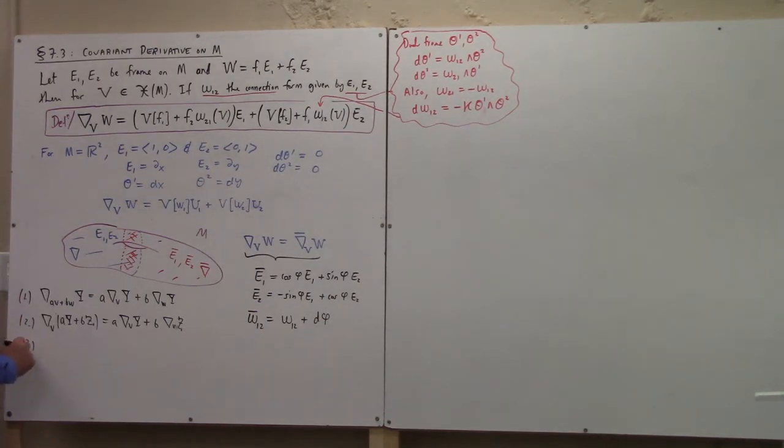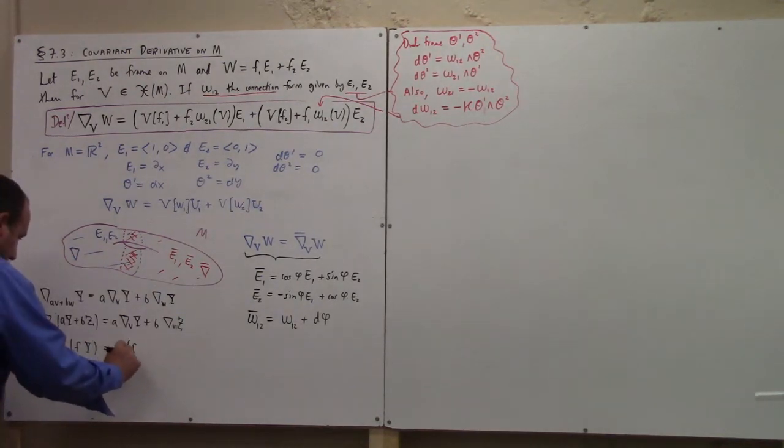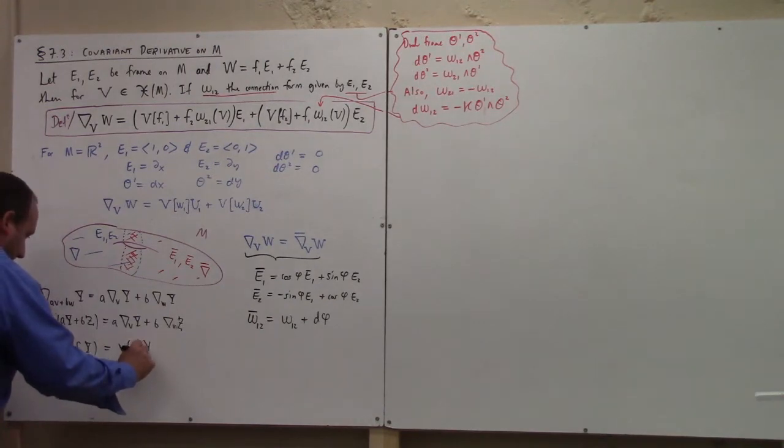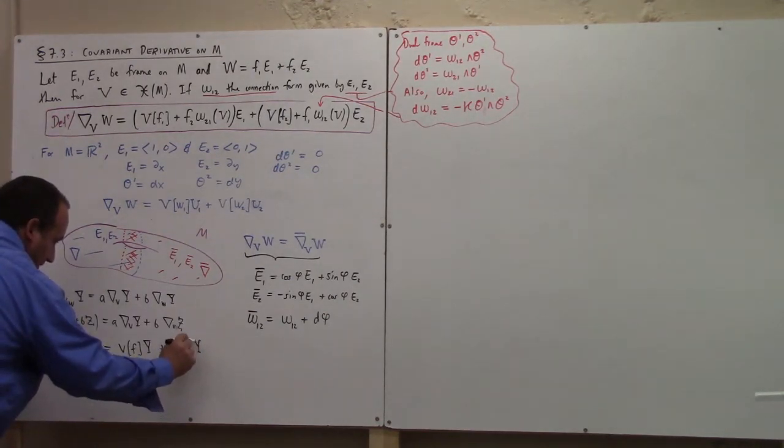But the third one, we have a function times a vector field. Then we get this Leibniz rule, which looks like the following: V acting on f times Y plus f times the covariant derivative of V of Y in the V direction.